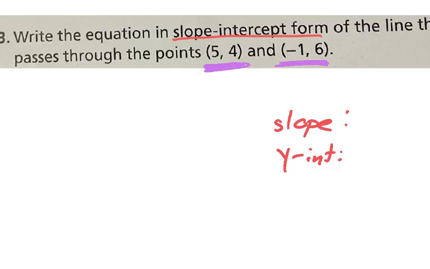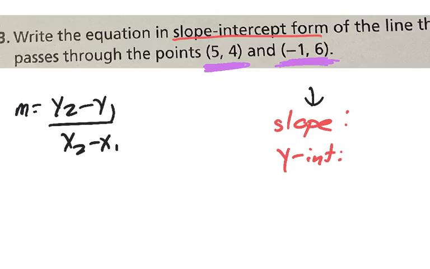But because I do know 2 points, I have enough information to find the slope. How do we find the slope when given 2 points? y2 minus y1 over x2 minus x1. The slope formula. Right, we made a big deal of that. Or I did. Maybe y'all didn't.